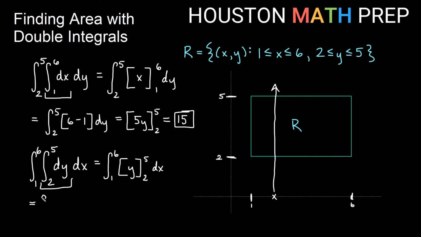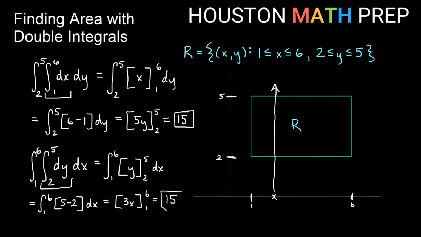Now that will give us the integral from 1 to 6 of, if I plug in 5 and 2, I'll get 5 minus 2 dx, and then of course this is going to be 3, so we'll integrate 3 dx, so that will give us 3x, and then we will plug in from 1 to 6. You'll find that when you plug in 6 you get 18, when you plug in 1 you get 3, and 18 minus 3 gives us the 15 as well.